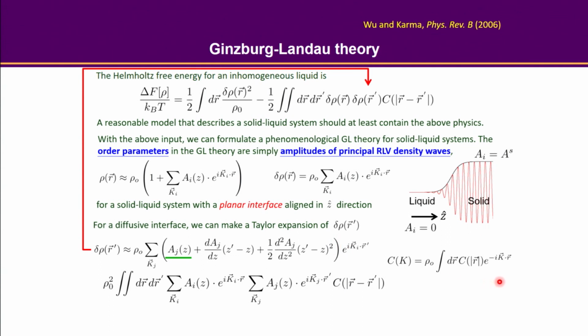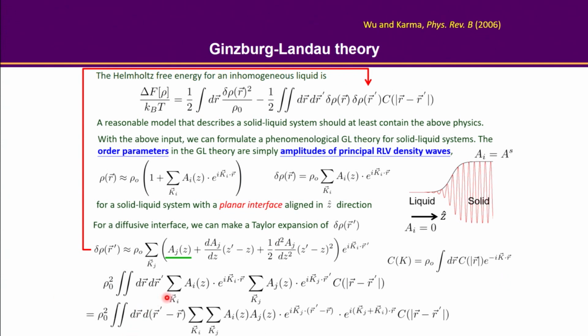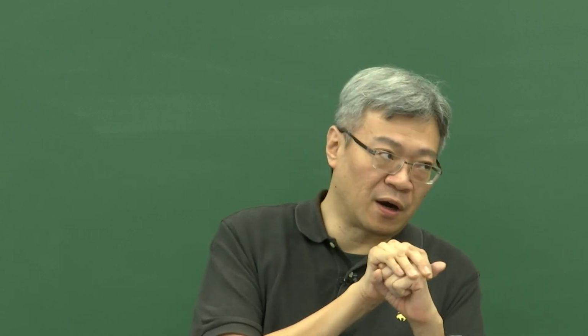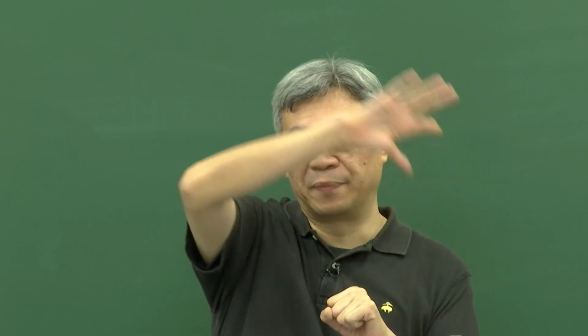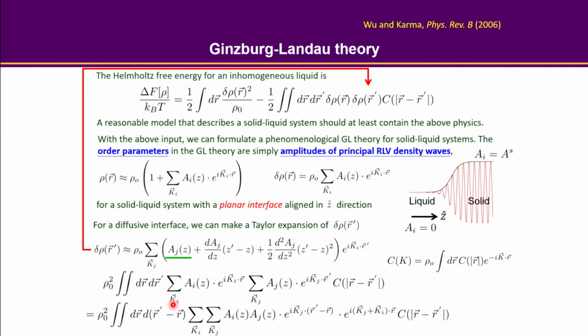So how do we employ this function to facilitate our calculation next? Just do a simple comparison. You can change the variable we are integrating. Instead of doing the r prime integration, I can take the place of the first particle, r, as my origin, and from there I'm still integrating over all space. Anyway, r and r prime are all integrated over the whole space, so I can just choose my own proper integration variable.